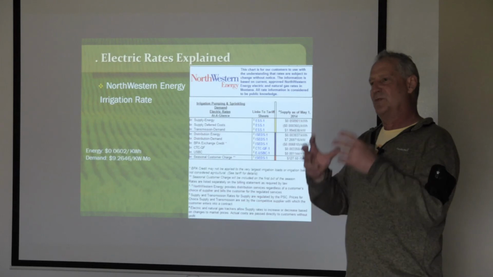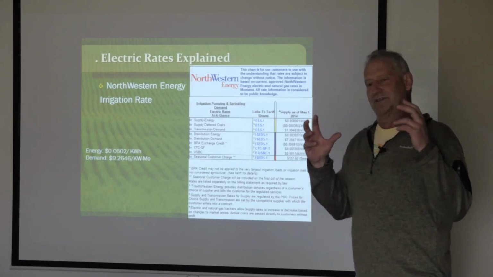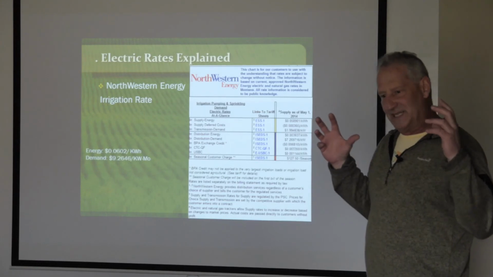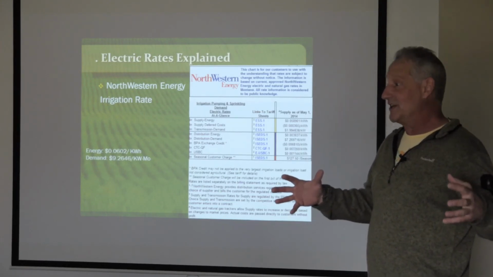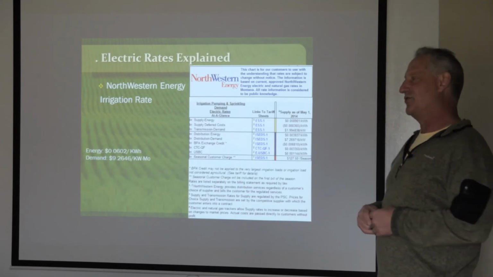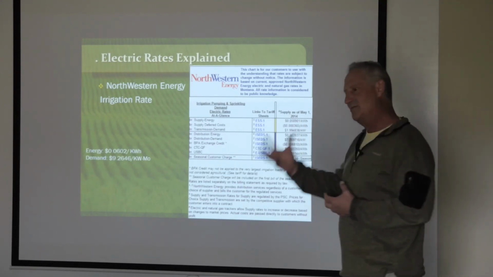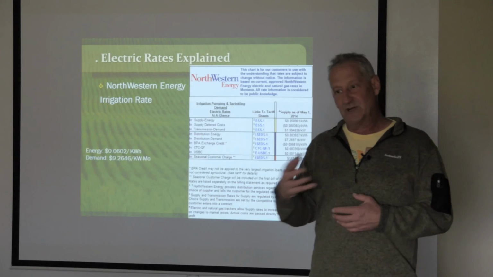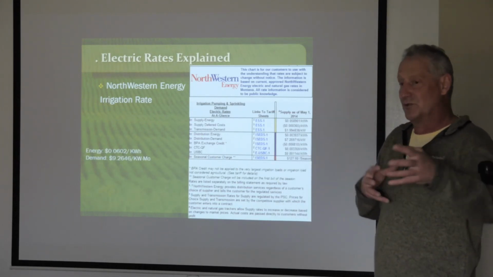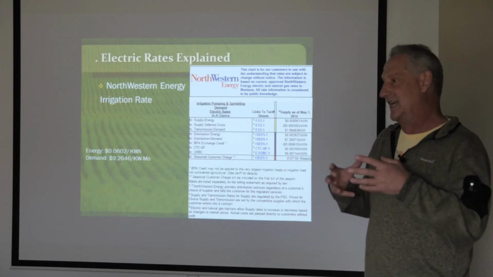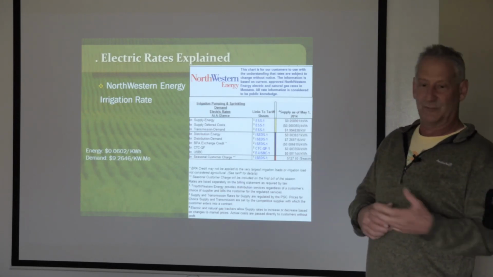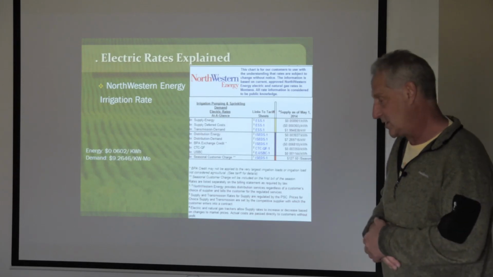The transformers, the wires, the poles, the taxes on the right-of-way and all this stuff, this is paid for by demand. That's why you get some utilities with a much higher demand charge than others, because of how they've chosen to allocate their recovery. They recover their costs in their rates.